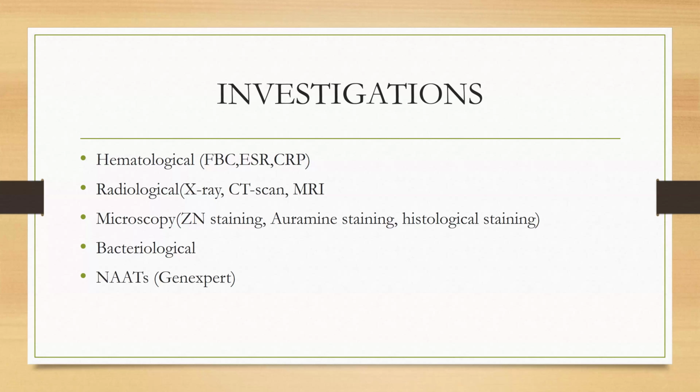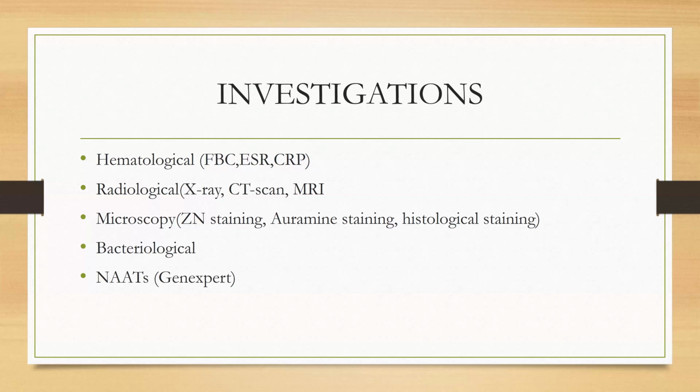In some laboratories, they may have capacity to do fluorescent microscopy, and that's when we do the Auramine staining. So what we are saying is let's make maximum use of the microbiology capacity, the laboratory capacity we have in our facilities to make our diagnosis. Then there are bacteriological investigations. By bacteriological here, I mean mainly culture.